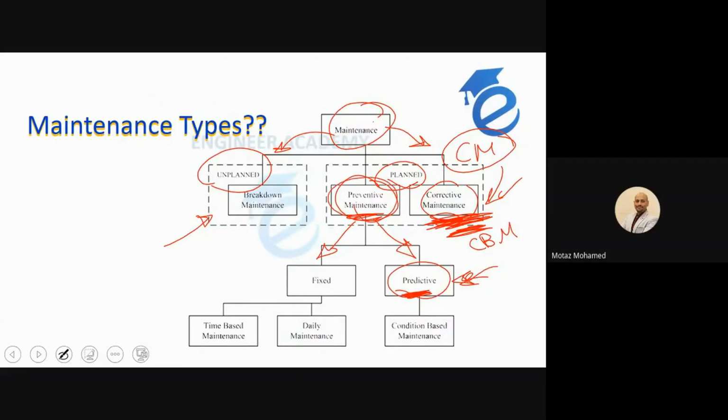It is preventive. Measuring vibration periodically is preventive. Oil sampling, periodic oil sampling is preventive.